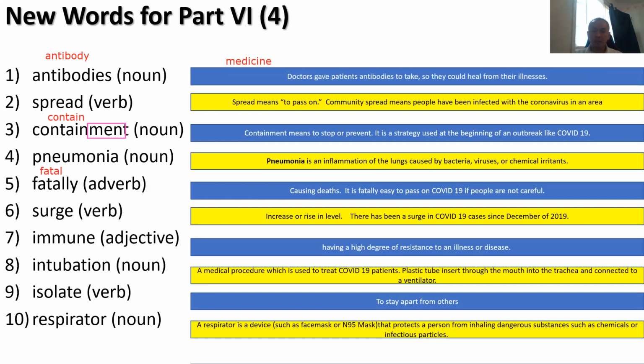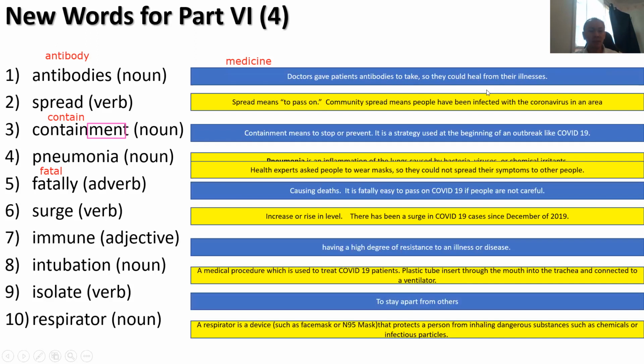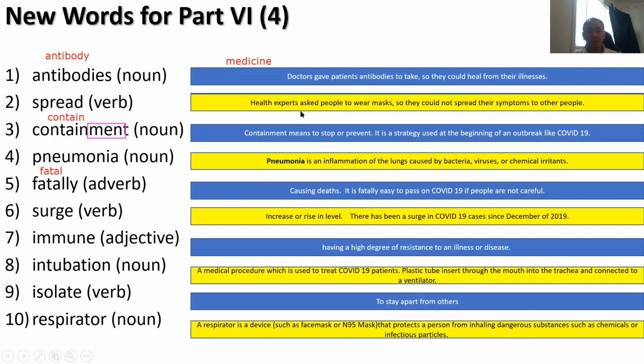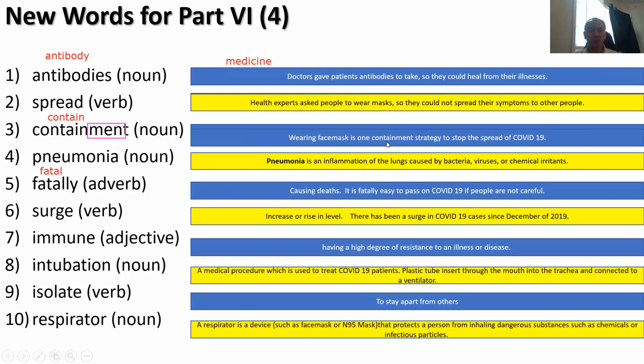Now, okay, so I'm going to use the words in a sentence. Doctors gave patients antibodies to take so they could heal from their illnesses. Health experts asked people to wear masks so they could not spread their symptoms to other people.